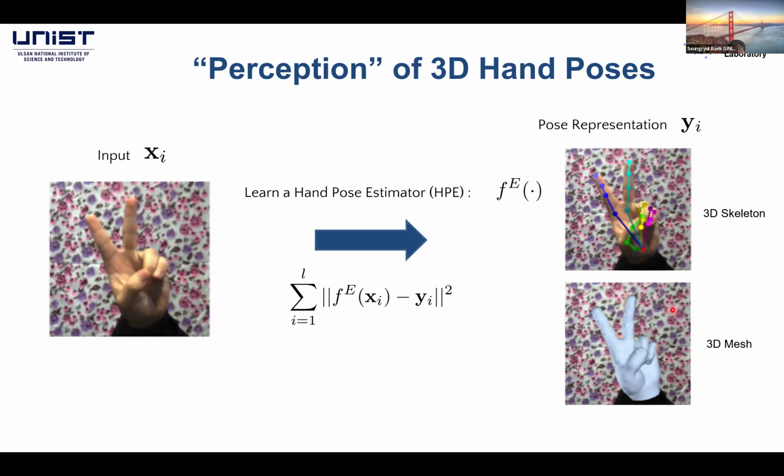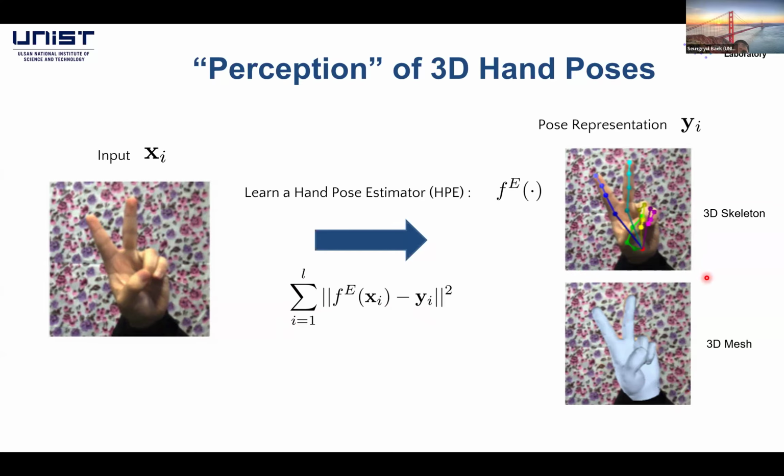When doing keypoint estimation, we normally map with this function F, which is a CNN-based regressor, inputting the input image to that deep learning architecture, and we enforce the output to be close to the 3D skeletons using the Euclidean distance, summing over all the samples, and we train this. So this is the normal way of achieving 3D skeleton pose estimation.